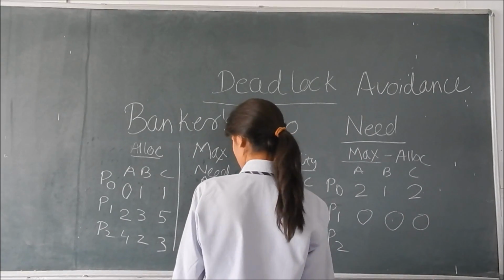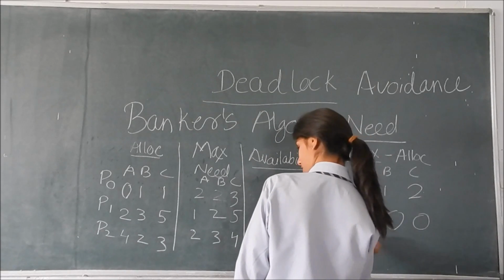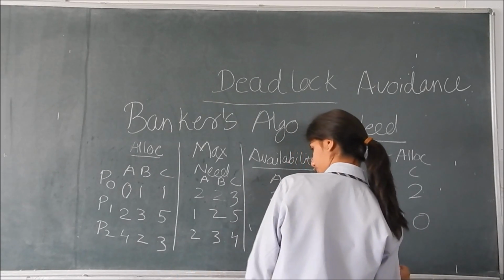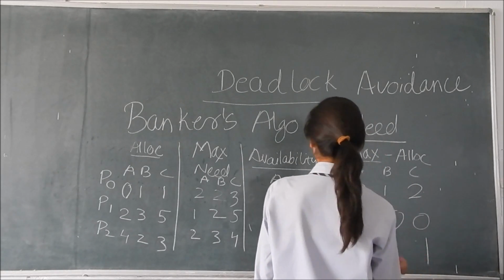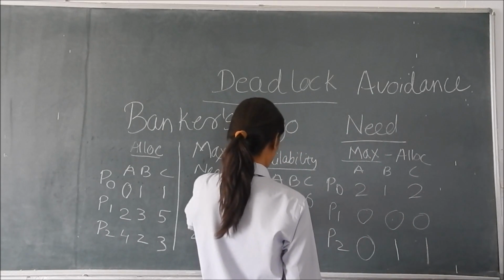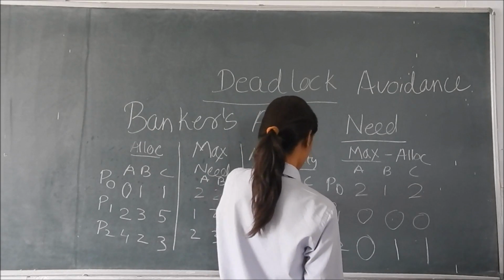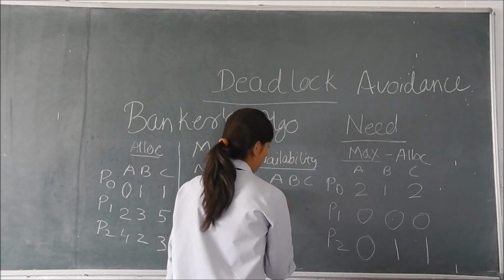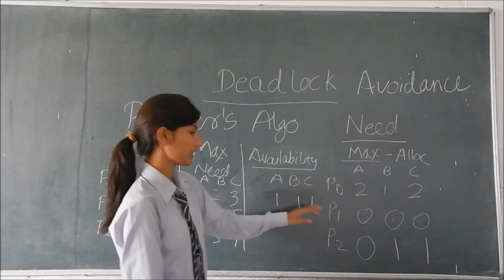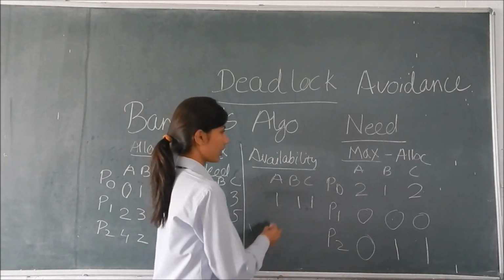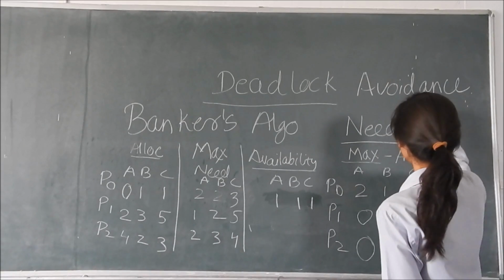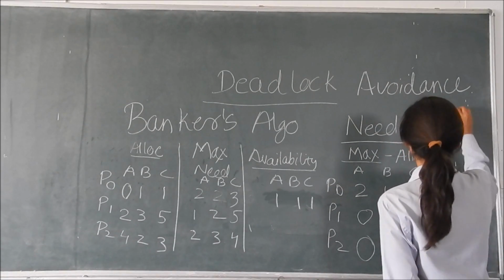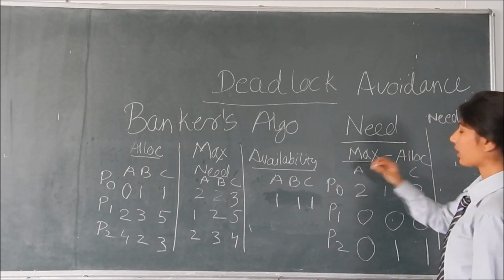And in P2, 0. Let's say our availability is 1, 1, 1. Considering these cases, now what we will do is we will have a loop for need less than or equal to availability.